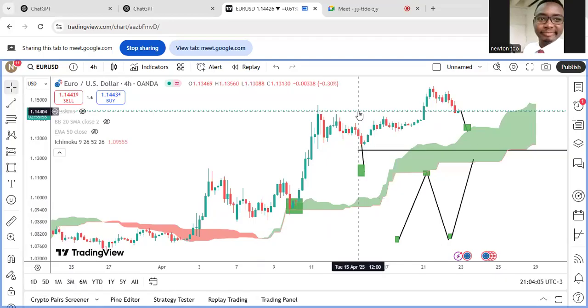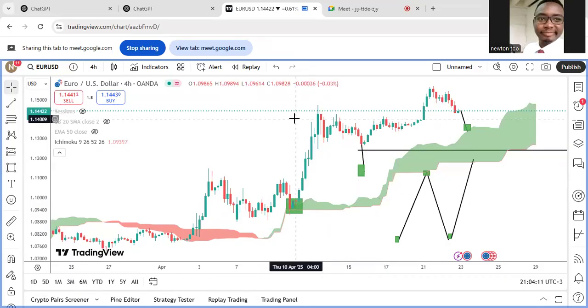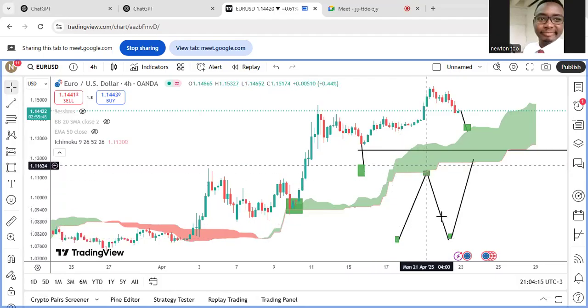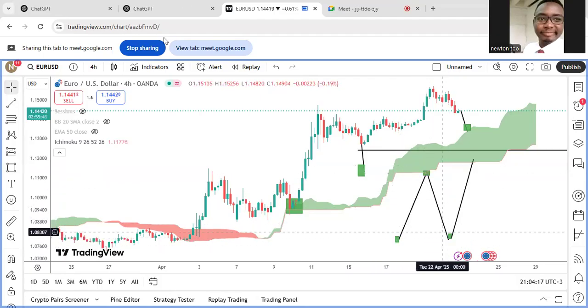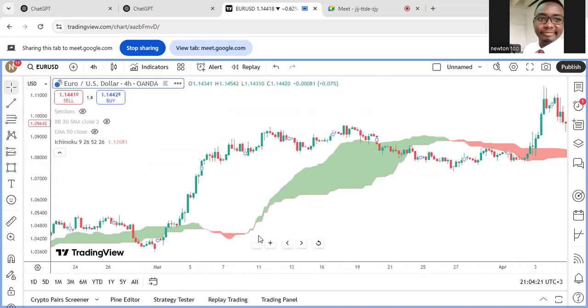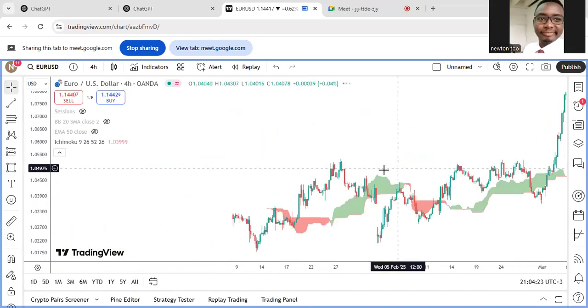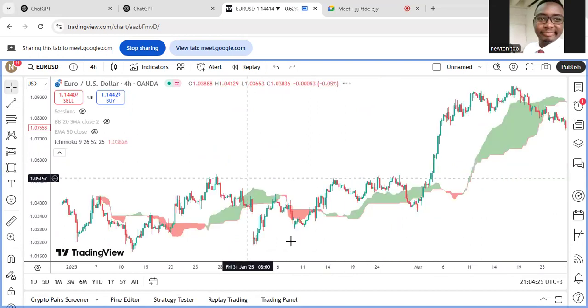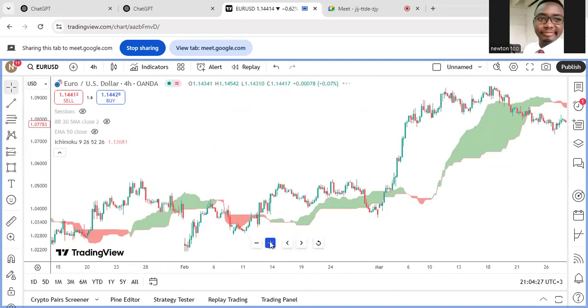Let's say you don't want to hold a trade during the weekend. You can exit on Friday. Then again Monday, you wait for the market to form this pattern. You go Monday, Tuesday, Wednesday, then you wait again for the midweek reversal. So every time the market goes above the cloud, always execute a long-term buy.